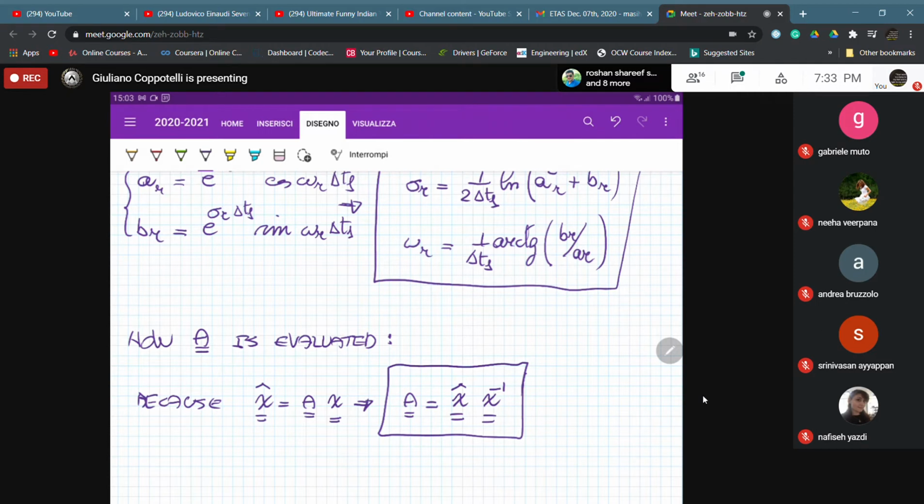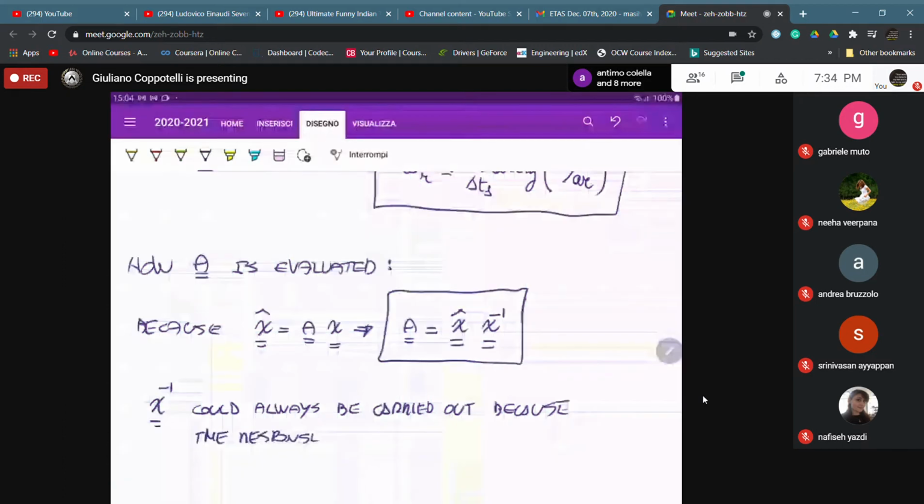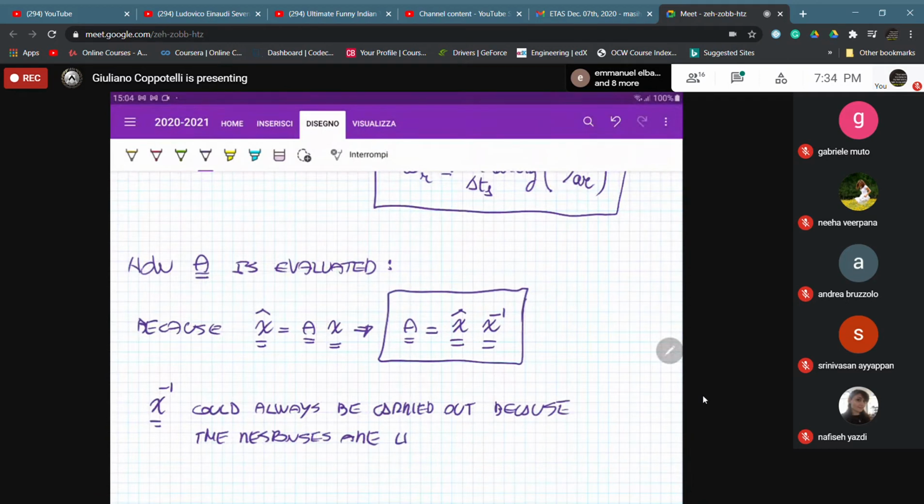Please note that the inverse of the chi matrix could always be carried out, because time responses are linearly independent with respect to the time shift delta T1.